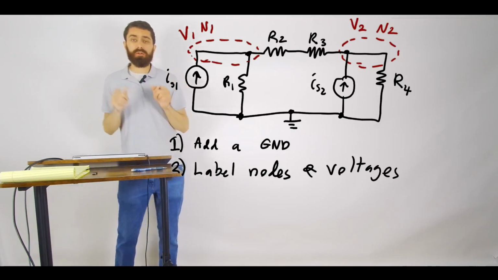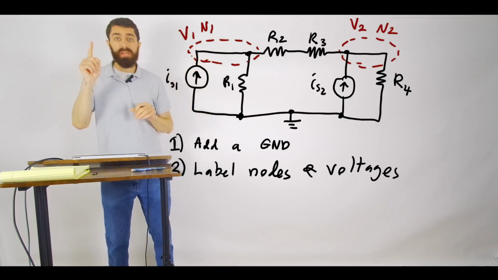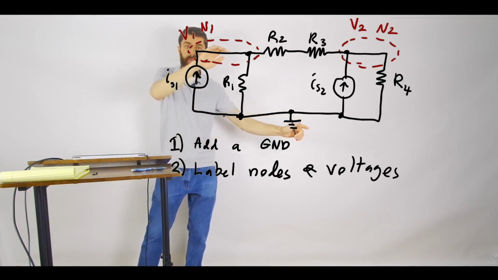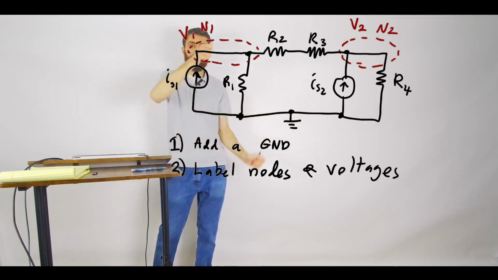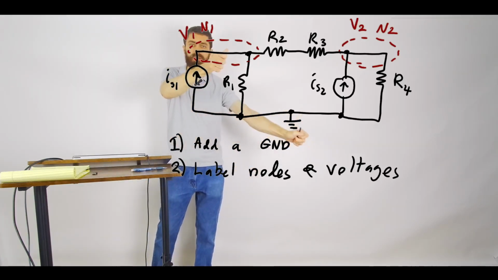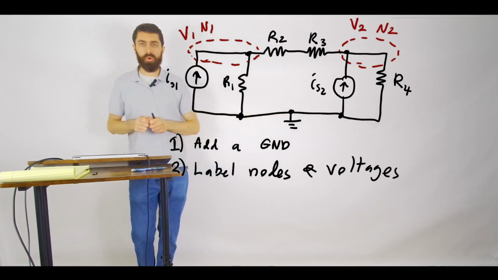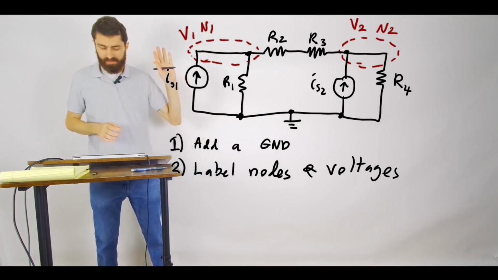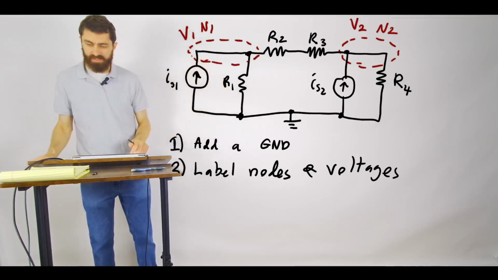But in nodal analysis, if we say the voltage at this point, we mean the voltage between that node and the ground. So if you had a multimeter or voltmeter to measure the voltage, you stick it at the node and then on the ground pin, because that's your reference point. So once we've done that, you label your nodes and your voltages.